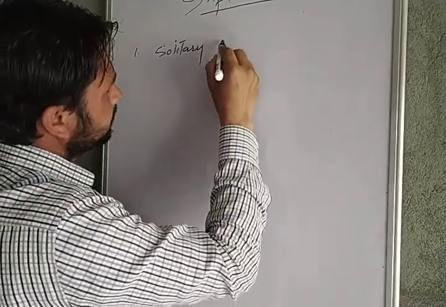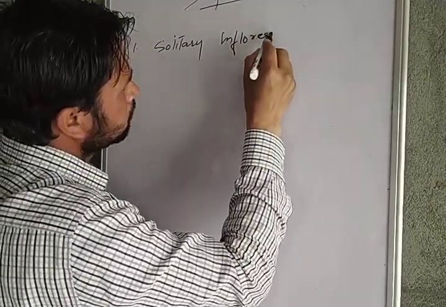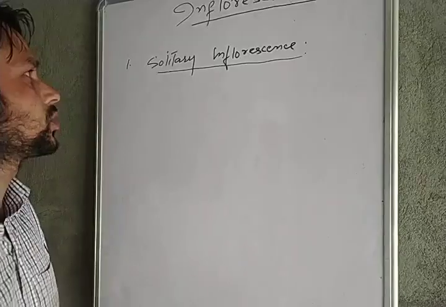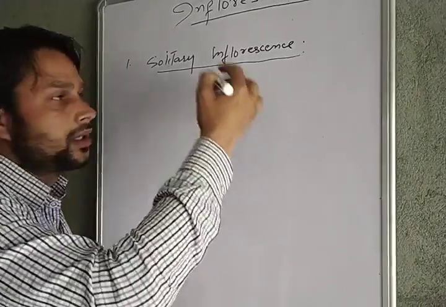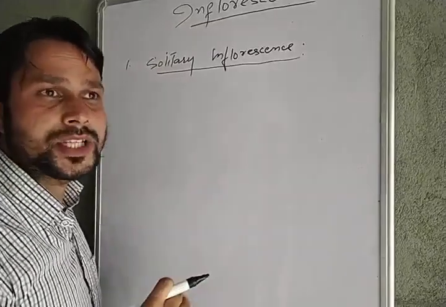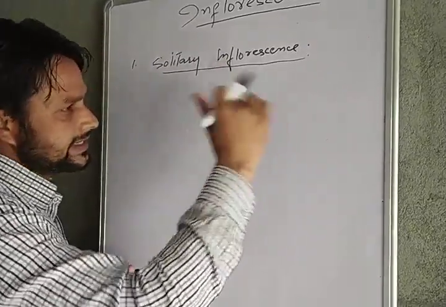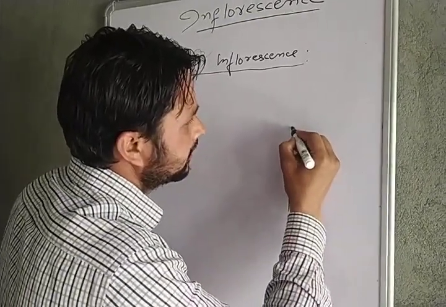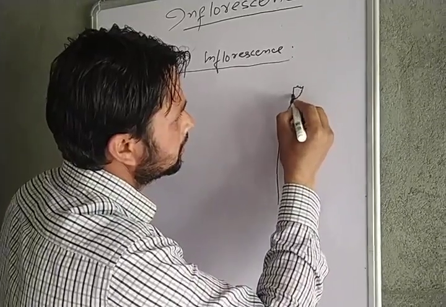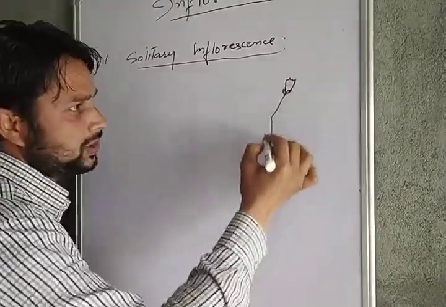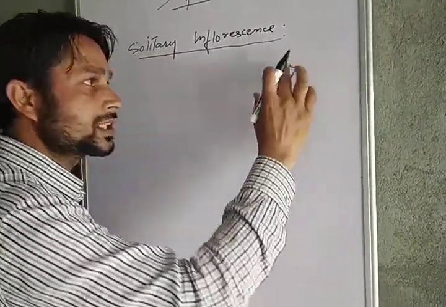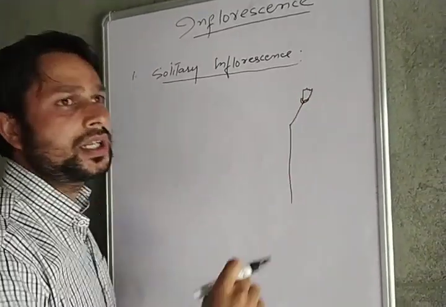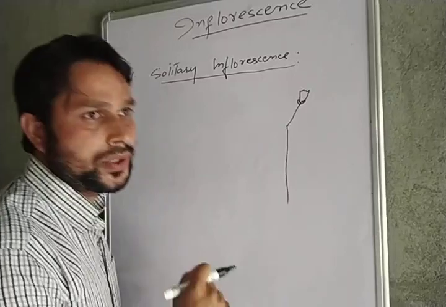Solitary inflorescence. As the name indicates, solitary means single. When the flower is born singly, if this is the peduncle and this is the pedicel and this is the flower, and this flower is born singly at a terminal position of the peduncle, then it is called a solitary inflorescence.